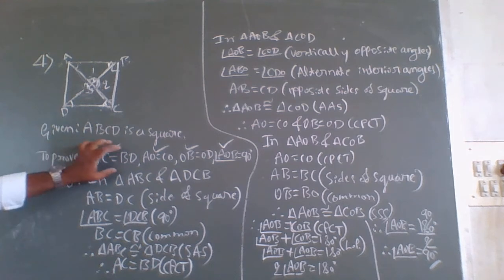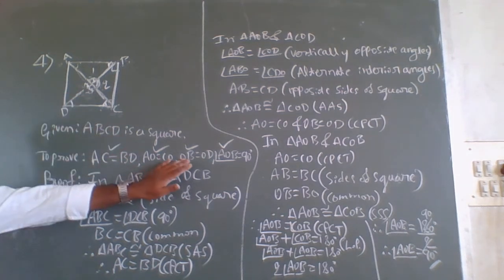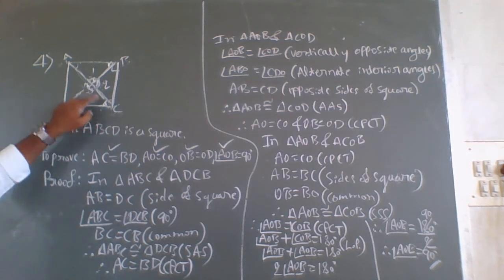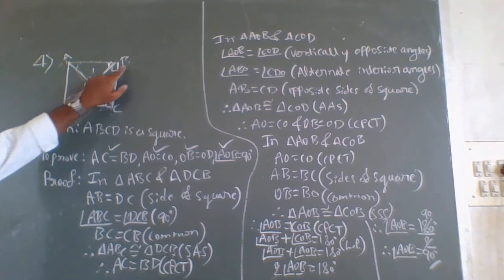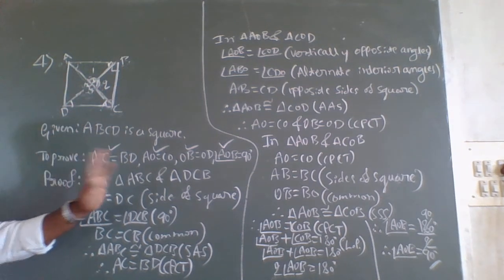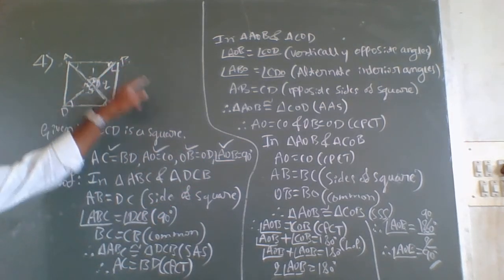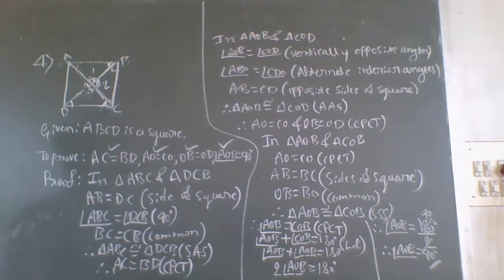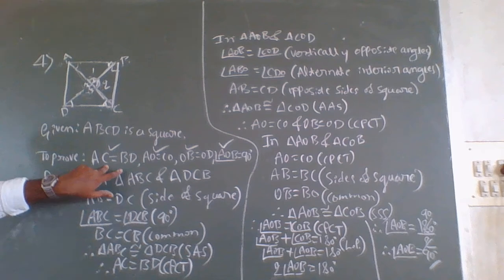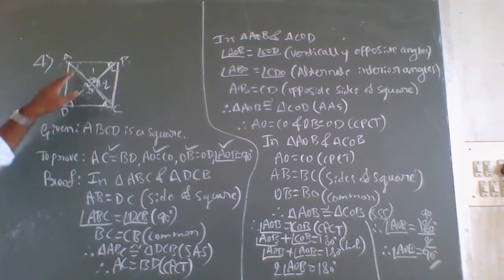So we have to prove diagonals are equal and bisect each other, means AO should be equal to CO and BO should be equal to DO. And diagonals bisect each other at right angle means angle AOB should be equal to 90 degrees. Therefore, first I will consider proving diagonals are equal, means AC is equal to BD.